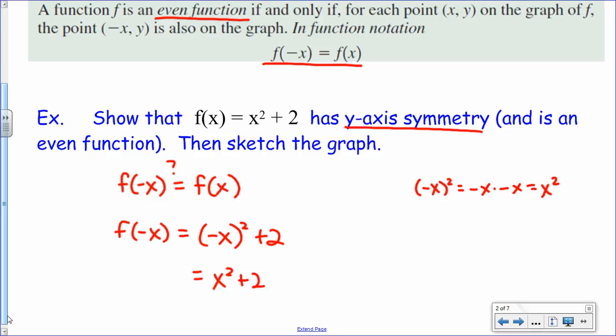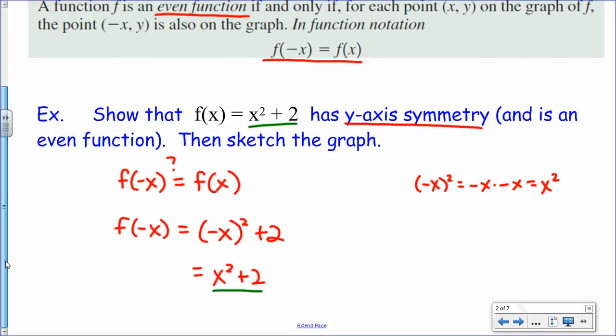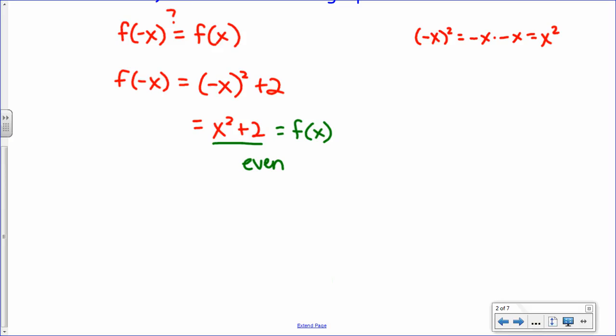Does that give me the exact same as what I started with? Yes. So therefore it is even, and it has y-axis symmetry.